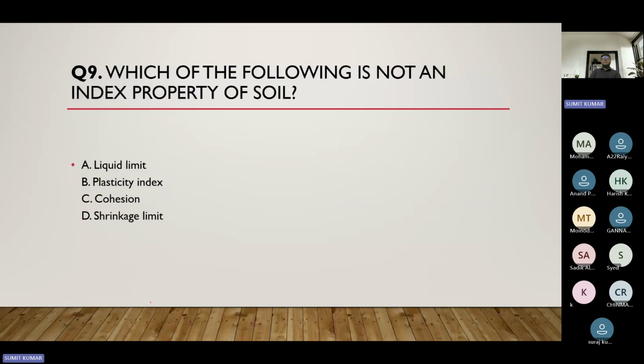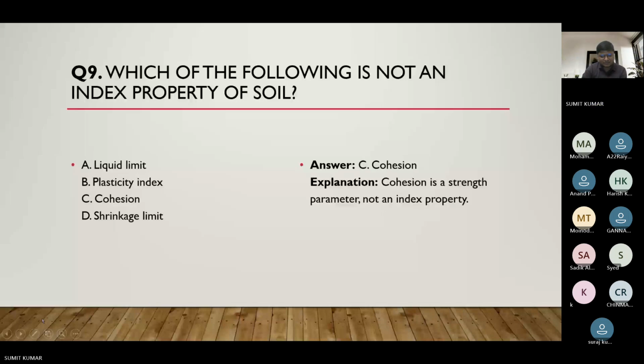Now the next problem is: which of the following is not an index property of soil? I think we have discussed index properties, so you can easily answer. Shrinkage limit is an index property, yes. Plasticity index is an index property, liquid limit is an index property, but cohesion is not, because if you remember, when we read the index properties, we had a graph like this.